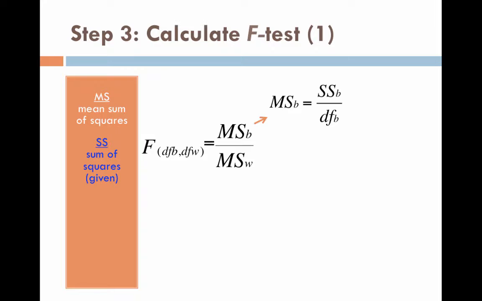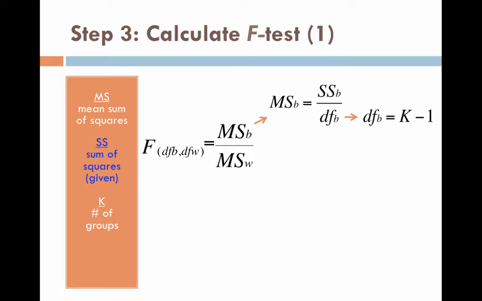So here's a formula for degrees of freedom between groups: K minus 1, where K is the number of groups. So to summarize the numerator, mean sum of squares between groups is equal to the sum of squares between groups over the number of groups minus 1.